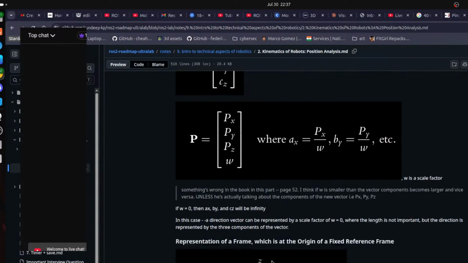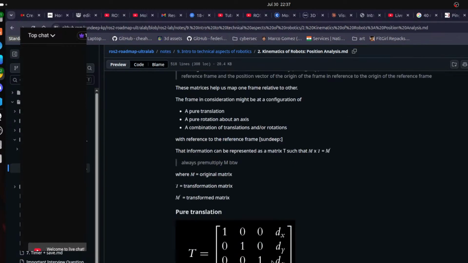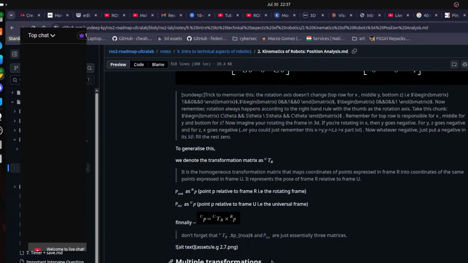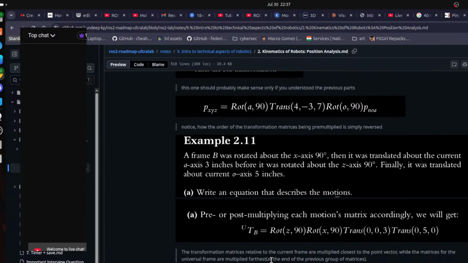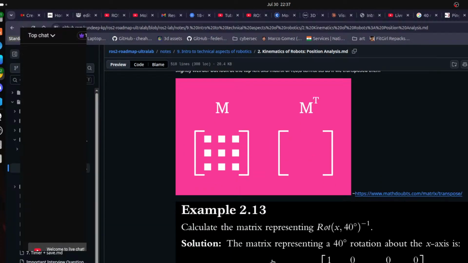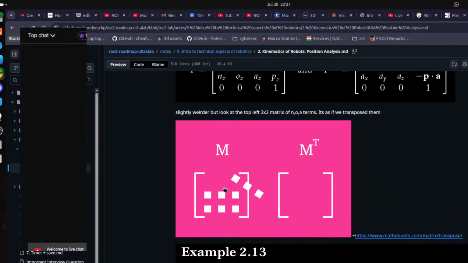Just take the rows and flip them to convert them into columns.